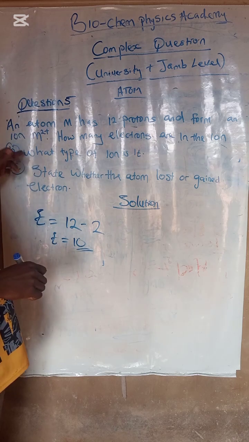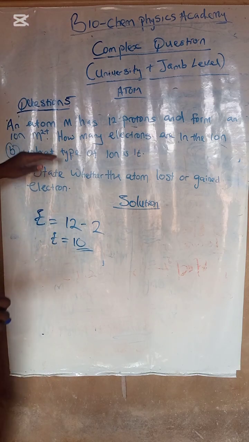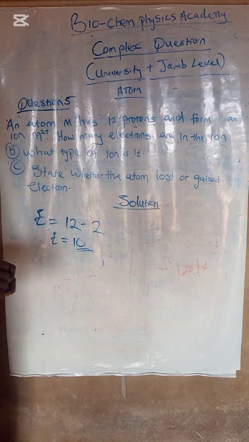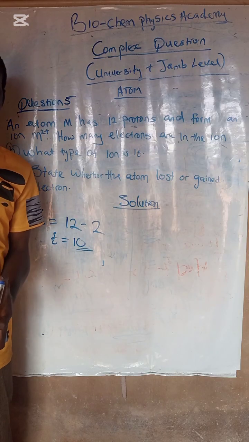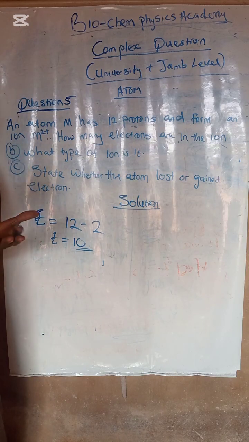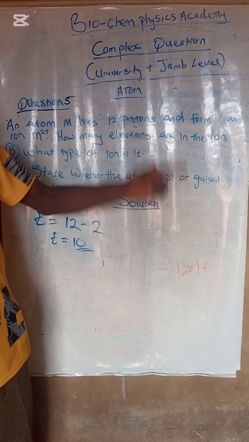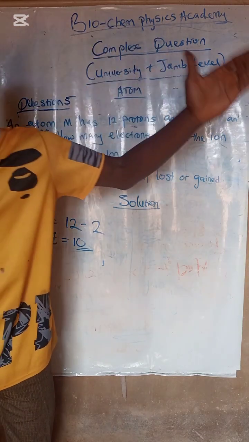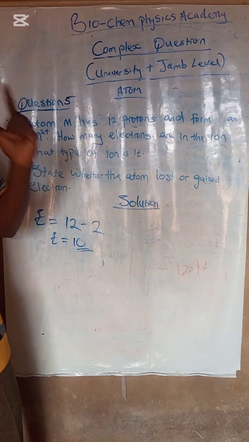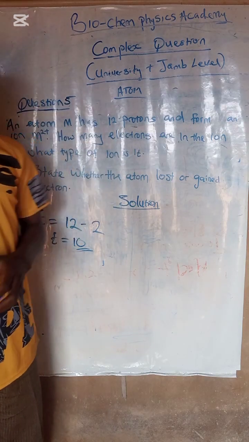Now, the second question says, what type of ion is it? Yes, we have 2 types of ion. The first ion is called cation. Cation is formed when an atom loses an electron, so therefore it carries positive charge.